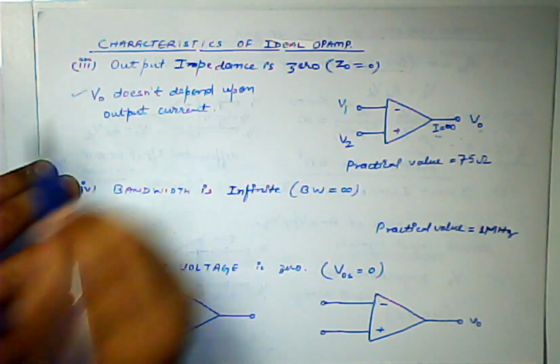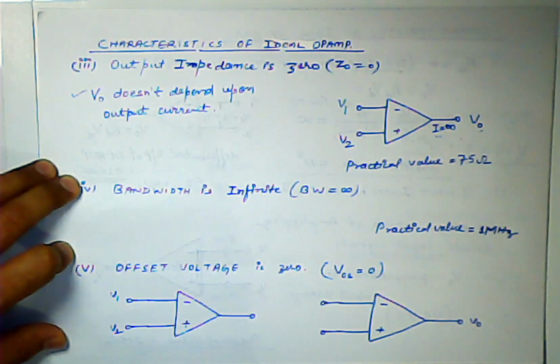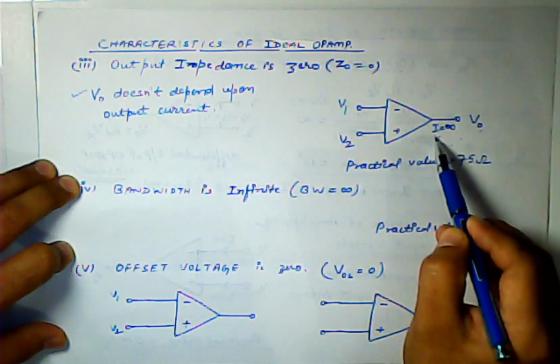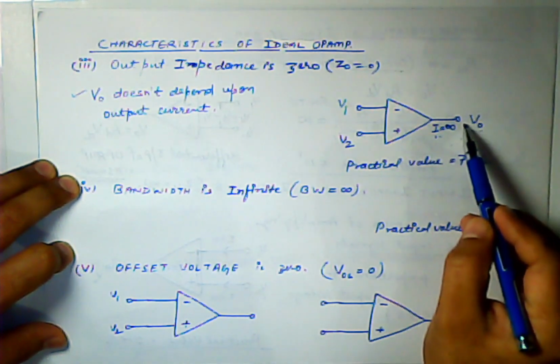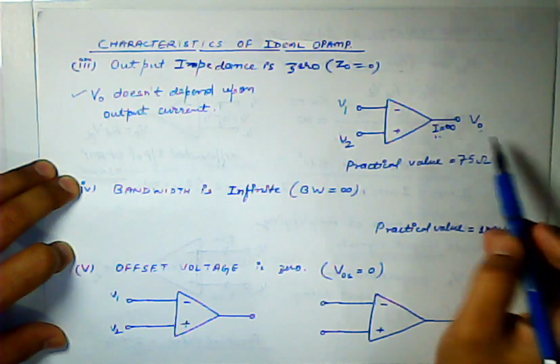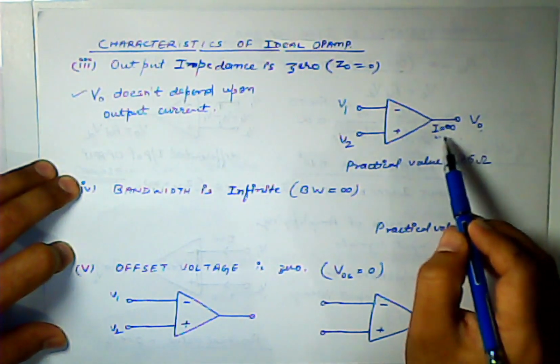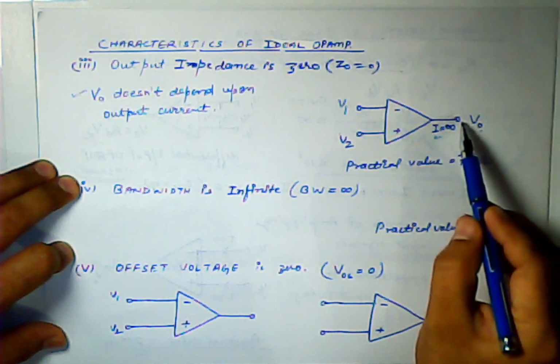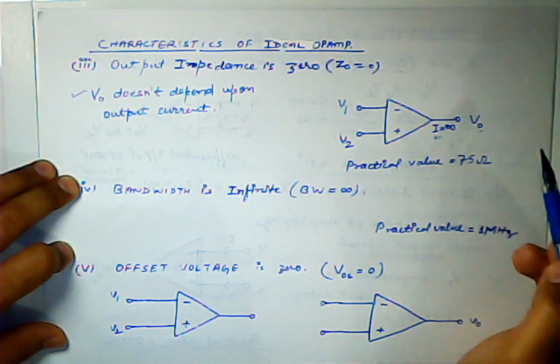So what does this reduce to? It reduces to this: in case of infinite current at the output, we can connect multiple loads at the output. This infinite current can be given to multiple devices at the output.